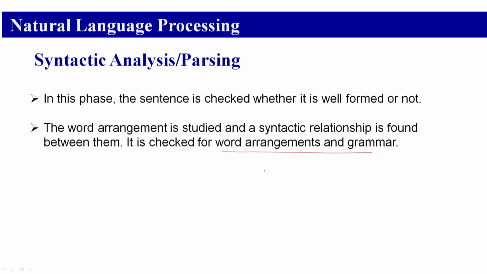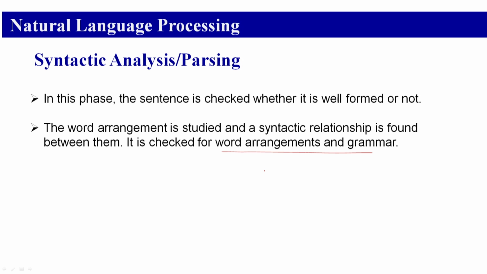Then after that, once you have done that, we can actually check whether the small sentences or tokens that have been formed are really well formed or not. It might be that the word arrangement is not proper, not as per the linguistics.